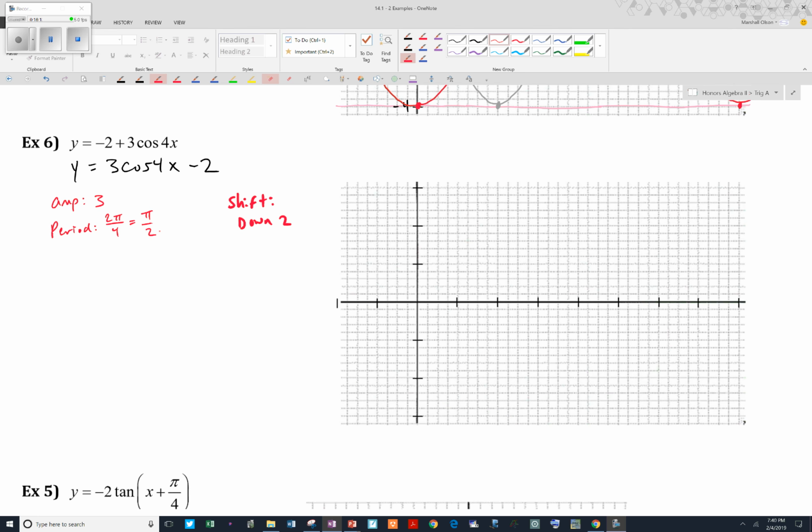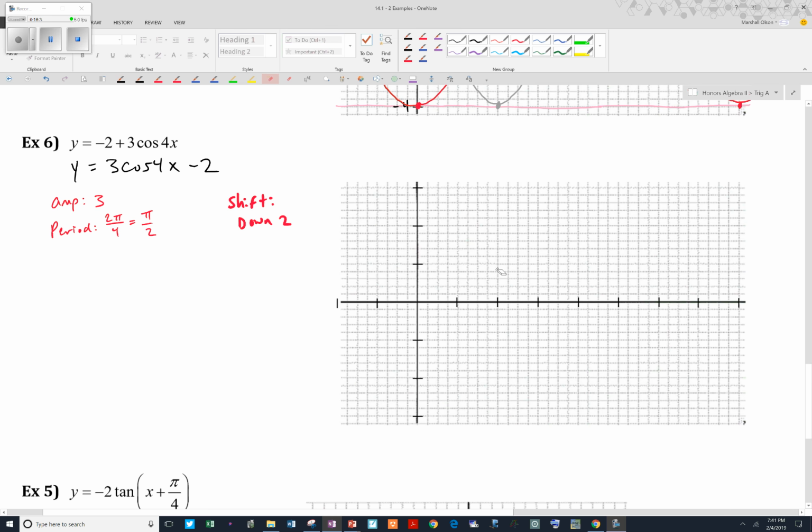So this thing is going to be hard to make to scale because pi over 2 is about 1.57, 1.6, and the amplitude is 3, which is quite a bit bigger than that. So I'm going to try to make it somewhat to scale by making pi over 2 actually this spot right here.